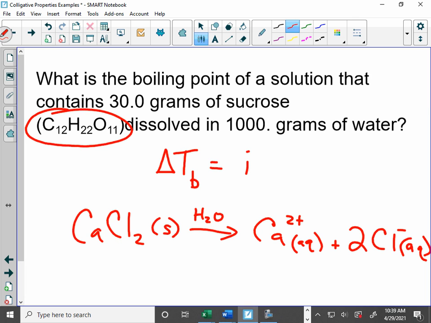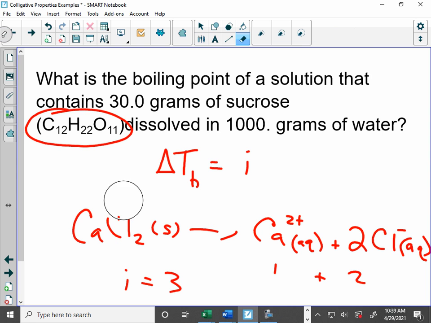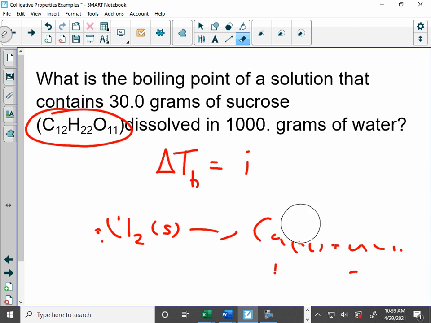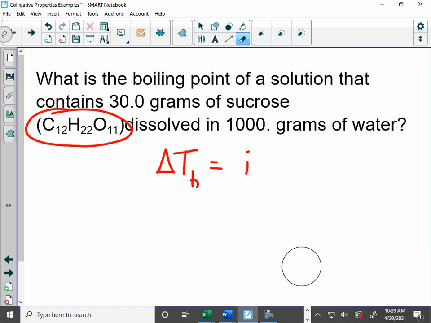Now, in this particular case, the van 't Hoff factor would be the number of those ions. So I would have 1 calcium ion and 2 chloride ions. So the van 't Hoff factor for calcium chloride is 3. Okay? So it's different if you have ionic bonding or molecular bonding. Now, in this particular case, we have molecular bonding, so my van 't Hoff factor is going to be 1 here.